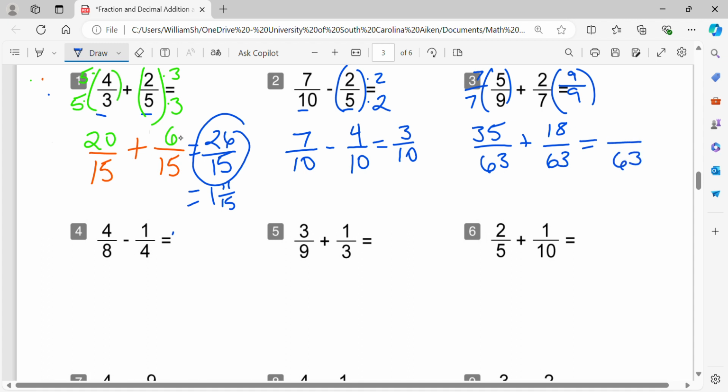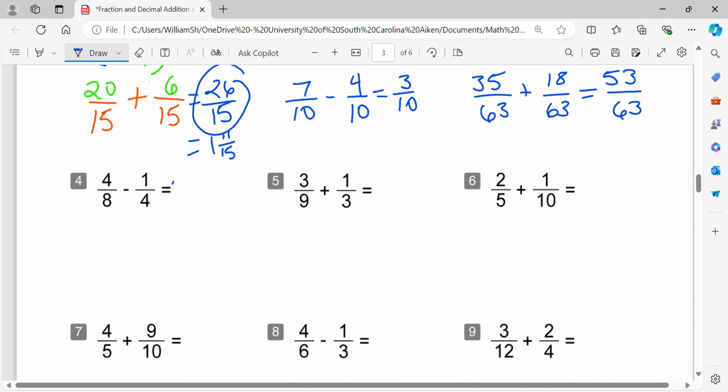Now I can just add the numerator here. 35 plus 18, let's see, that's going to give you 53. 53 over 63 is going to be our answer. Can we reduce that? I don't believe we can. I don't believe we can reduce 53 over 63. So, we're done. That's it.